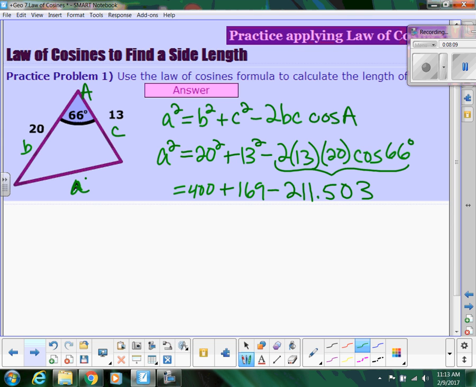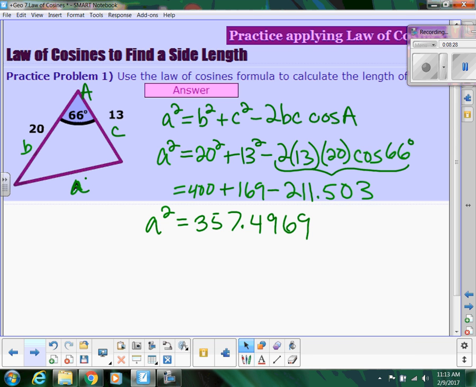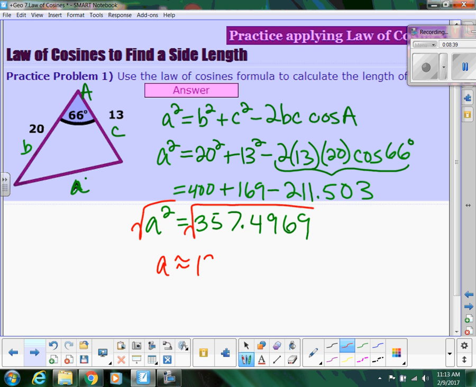So then just add and subtract, just like the formula tells you to. And I'm getting a squared is equal to 357.4969. And then again, we have to find just a, not a squared, so take the square root. So don't round here. Keep that answer in your calculator. And then we're getting a is approximately 18.91.